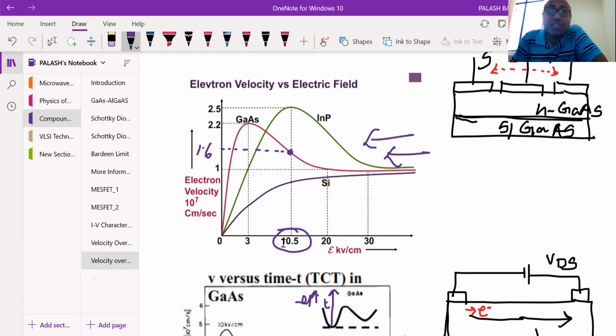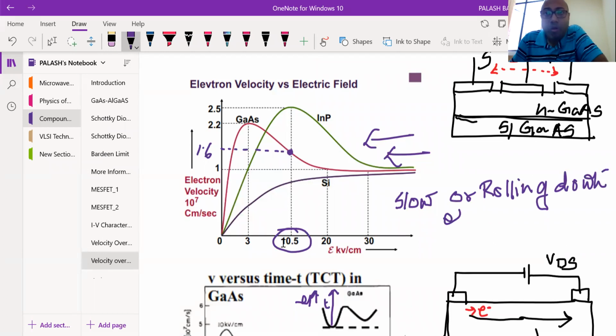But this is the slow, rolling down effect.